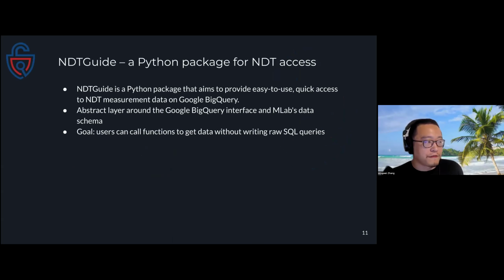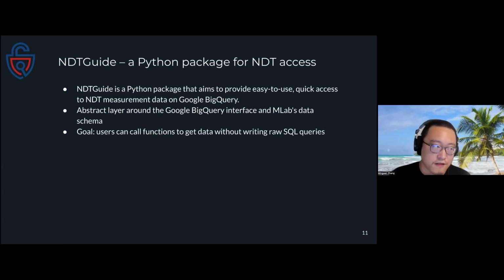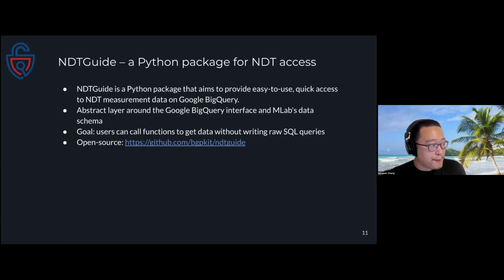The goal for this package is to allow users to call predefined functions to get data or insights without writing raw SQL queries, although you can always write raw SQL queries if you find that the predefined functions are not enough. It's open source, and I believe it's MIT licensed. You can go to this link to check it out.